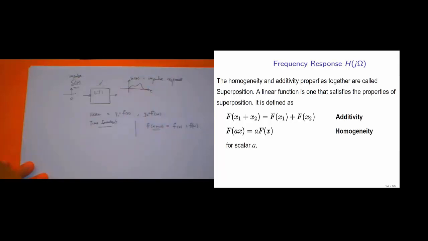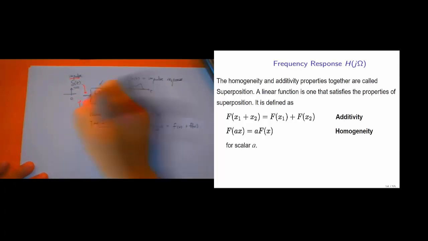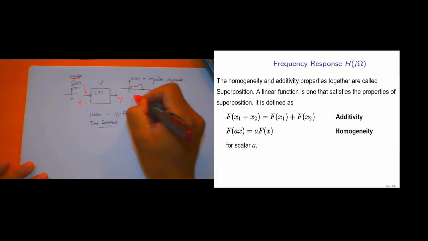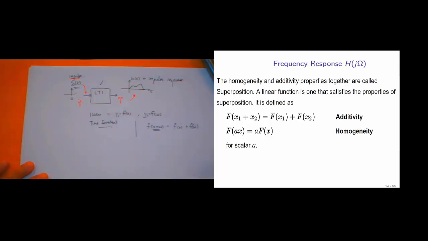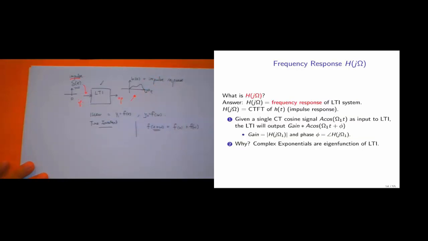This is the input to the system. This input is the impulse. The output is called the impulse response because the input is the impulse. It will be some function of time. Of course, it can go below as well. And once we have captured this, we can do many things.